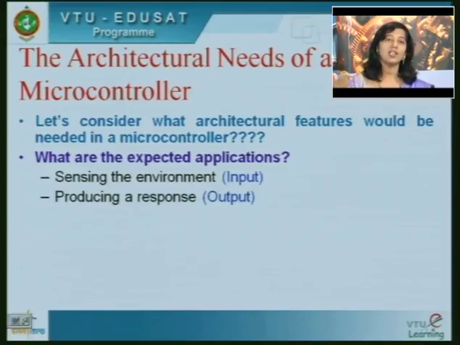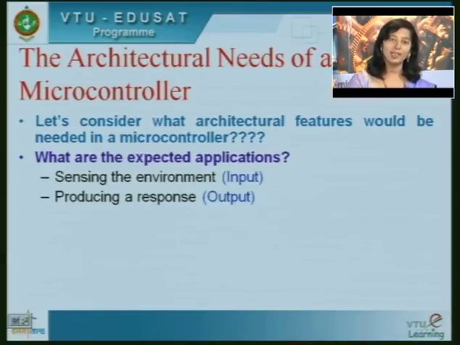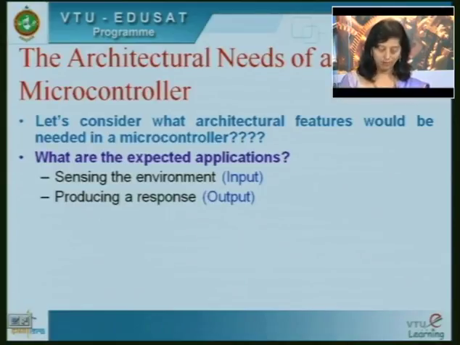Say the temperature has gone beyond 40 degrees, I should switch on the AC or switch on the fan. That means a response is needed, and to activate that response an output device will be needed. So the microcontroller will send a signal to the AC or fan asking it to switch on. Because the temperature is sensed and it has gone high, we need to switch on the AC or fan.